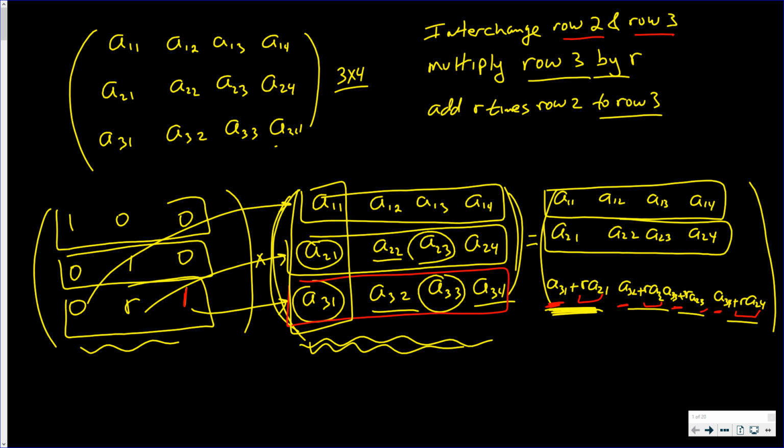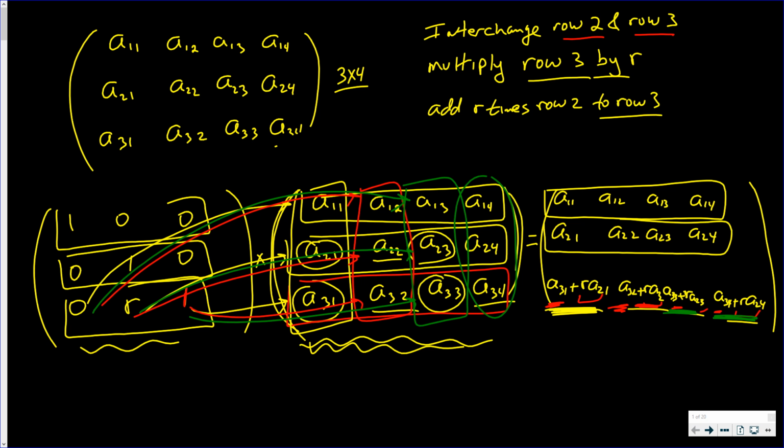There's my R times the second entry, R times A22 plus A32. Same deal with the third column. I get 0 times A13, which is 0. Get R times the second row plus the third row. Exactly what I wanted. And the same exact game with the fourth column.